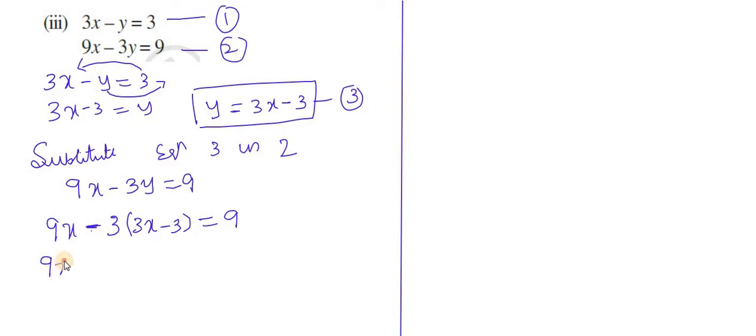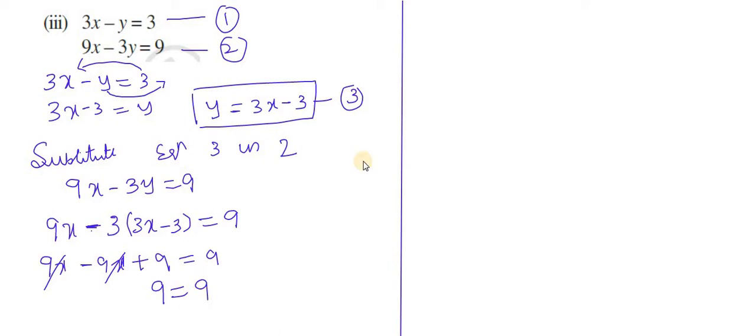So 9x minus 9x, and minus into minus is plus 9, which is equal to 9. So 9x gets cancelled. It remains with 9 is equal to 9.